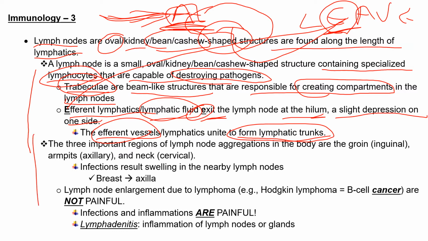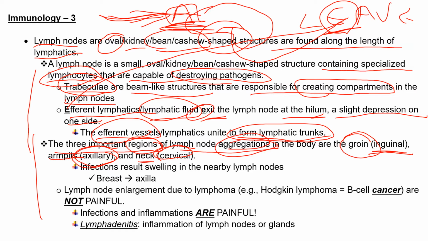The three important regions of lymph node aggregations are in the groin, that's the inguinal part, under the armpits, that's the axillary part, and the neck, that's the cervical part. It's just areas where there are collections of lymph nodes.